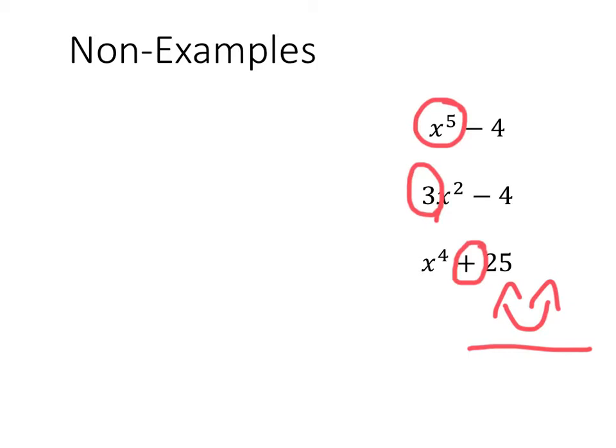So the last thing I want you to think about, what things should you be looking for in order to use the difference of squares pattern? Pause the video for a sec and think about what you are going to look at to know that this is something that you could do.